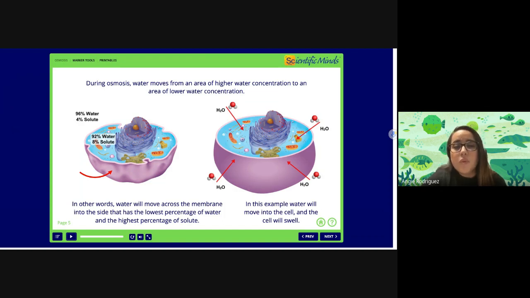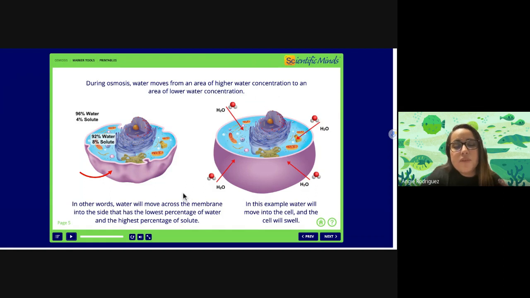Since I have more water on the outside of the cell, that's why over here on the right, they're saying that the water is going to be going into the cell. You see that? And because the water is going into the cell, it's going to get chubby, or expand, all right? So because it's going to get chubby or expand, I like to say this is hypotonic, or hippotonic, right? Hippo, chubby, right? Chubby like a little hippo.